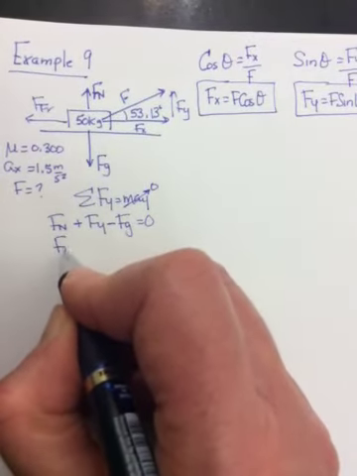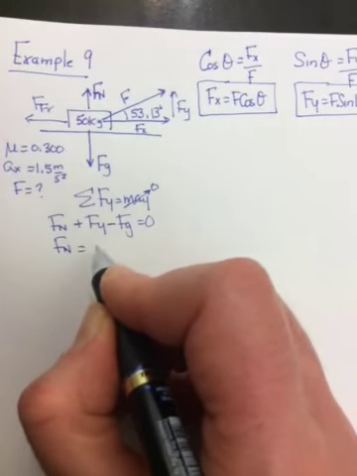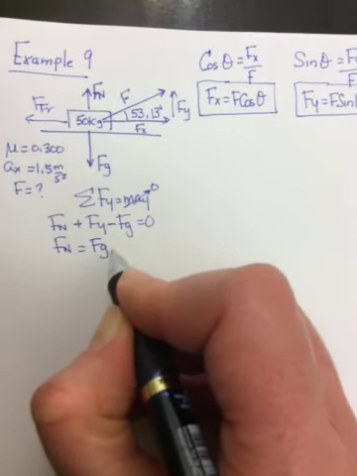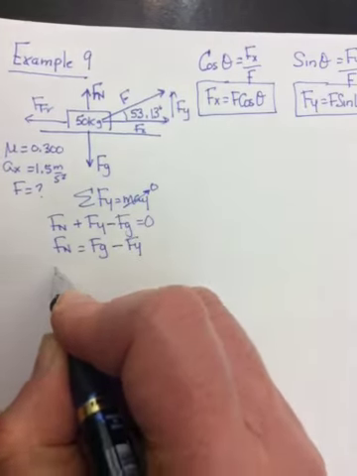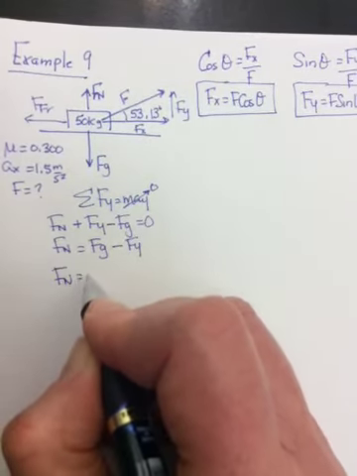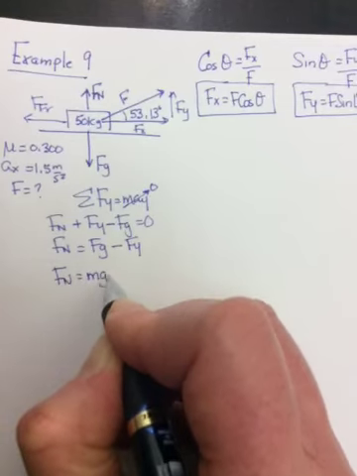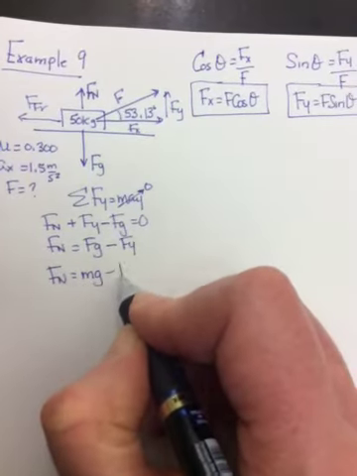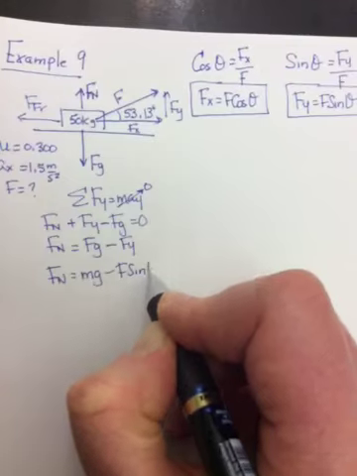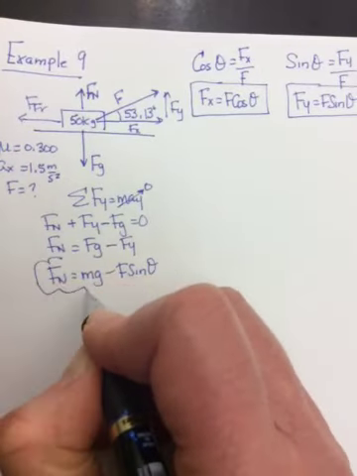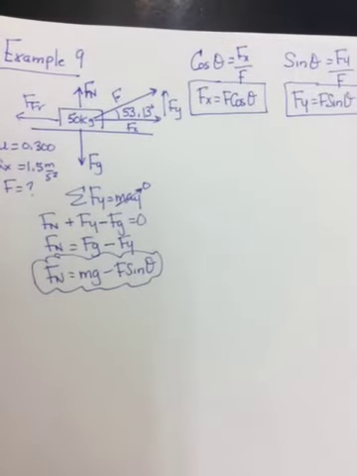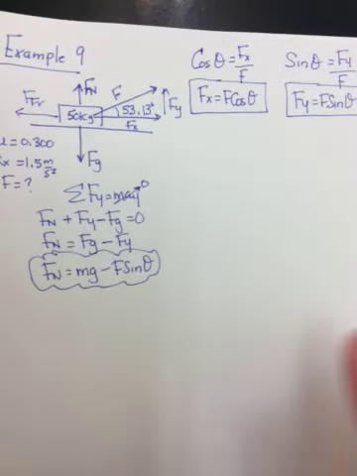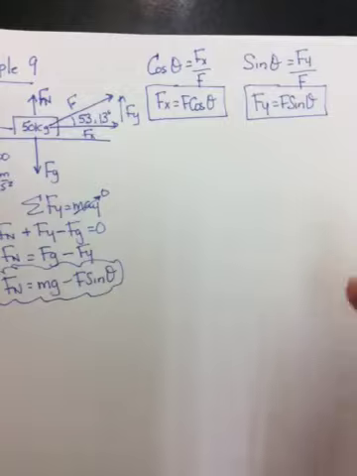Still looking for Fn always in the y direction, so take the other two over and they change sign, so Fg becomes positive, Fy becomes negative. So now write it out as Fg is mg and Fy is F sine theta. Don't fill in any numbers, okay? Because there's no sense of having numbers and letters. So just carry all your letters. You can't find a value there because you don't know what Fn is.